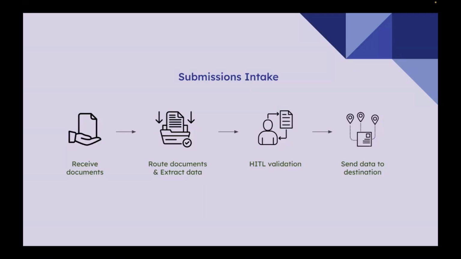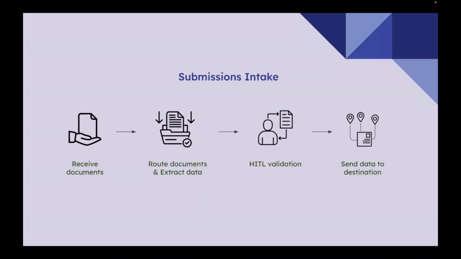You receive a bunch of documents. It could be in a single PDF file, or you could receive them separately via email. You take these documents and route them to different document workflows to extract specific data. And in an industry like insurance, there is sometimes a compliance requirement to have a human in the loop.